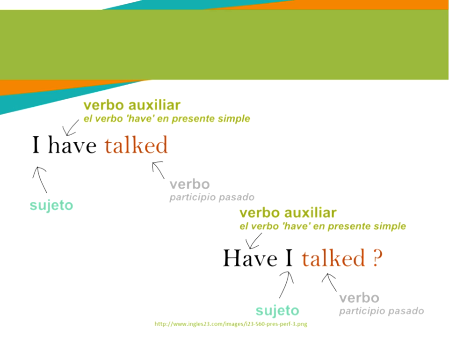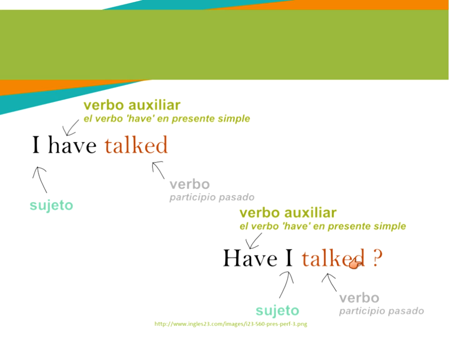Check this out. When you have this, notice that you have an auxiliary verb, have, in present simple or base form. You have the subject, that is a question. And the verb is in past participle.